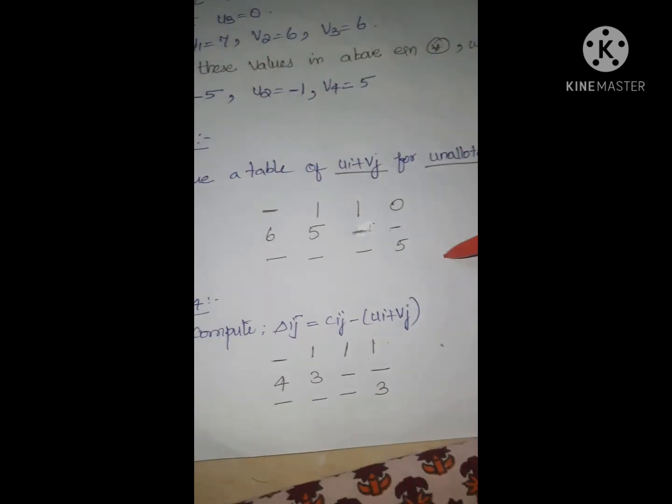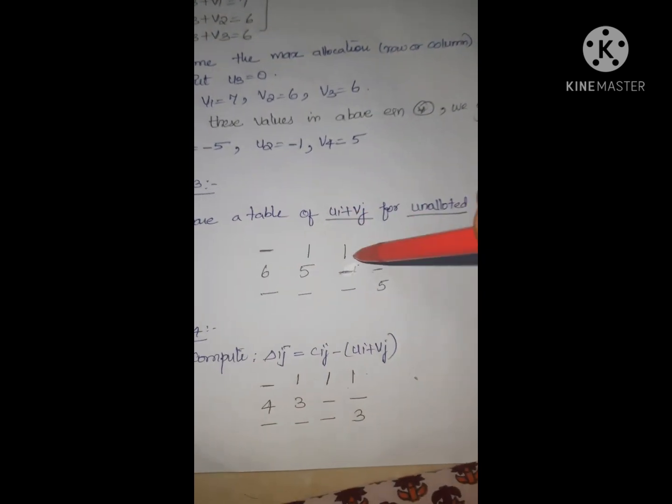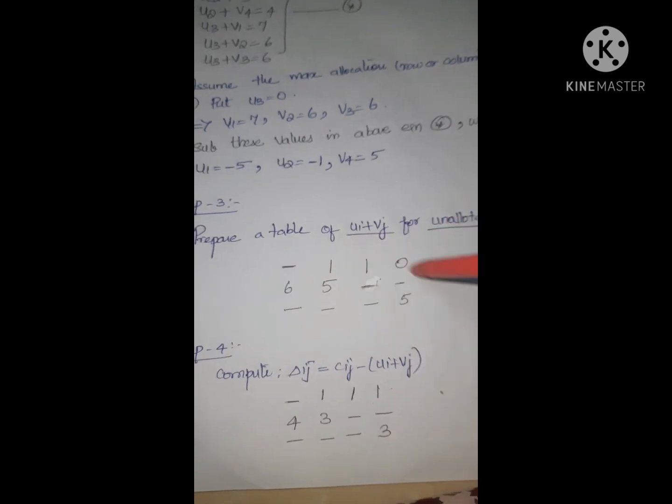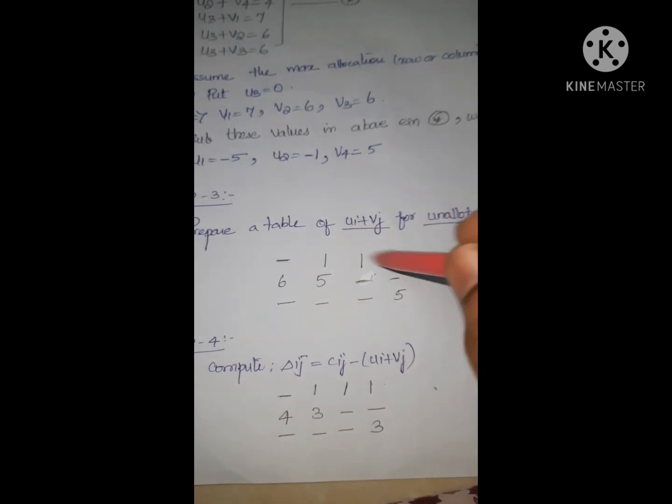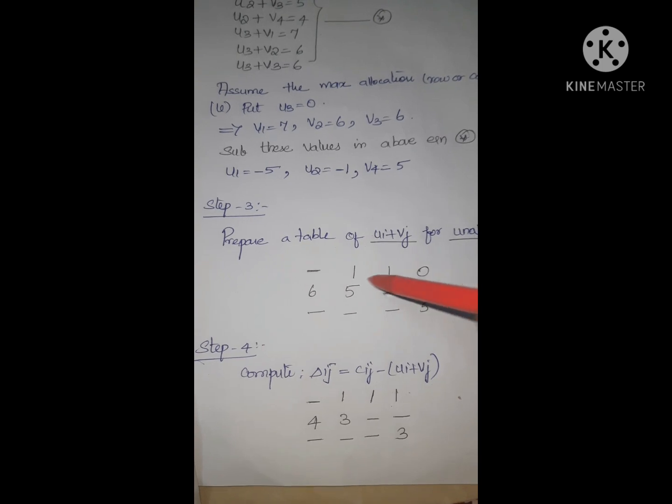What is delta ij? In the previous step, wherever we have found the values of Ui plus Vj, subtract these values from the corresponding cost values from the question.